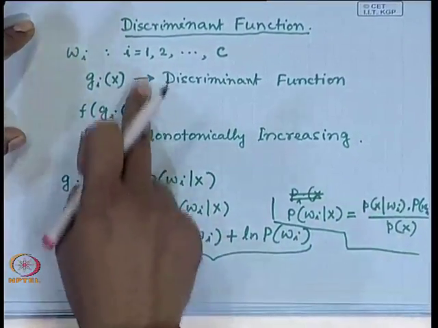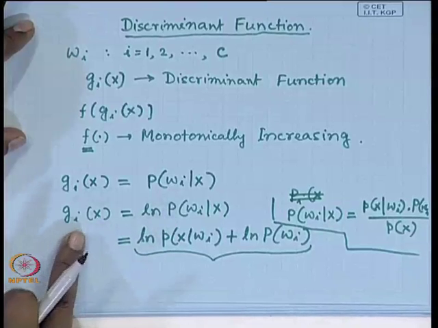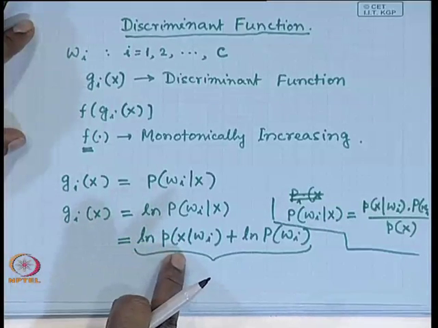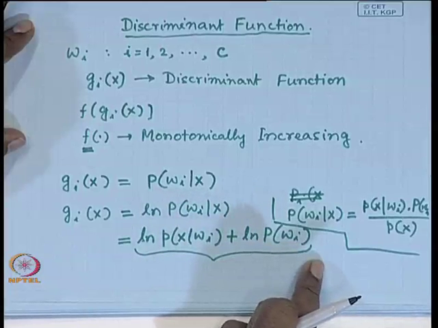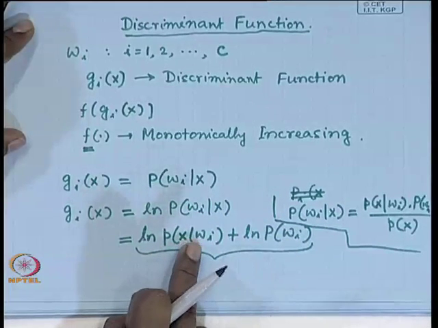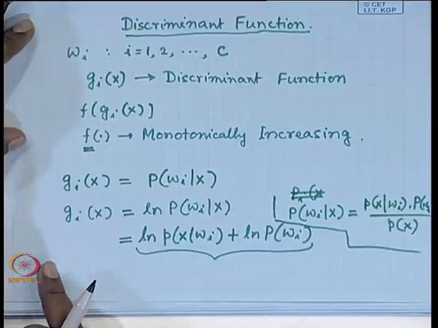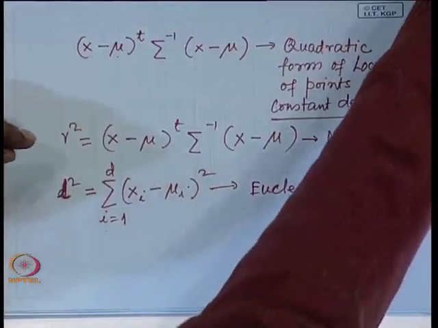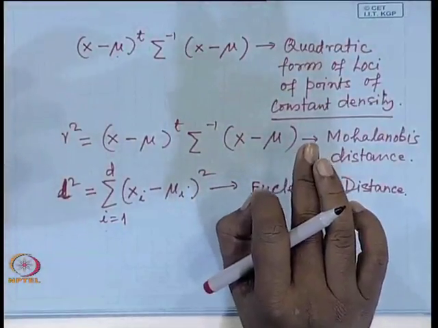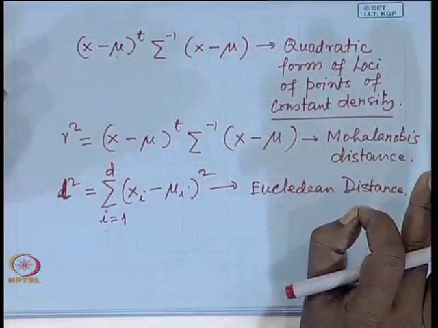We started with that, because our g_i(x) was ln p(x given omega_i) plus ln p(omega_i), the probability density and the conditional density function. So, our purpose is to find out g_i(x), which is the discriminant function.